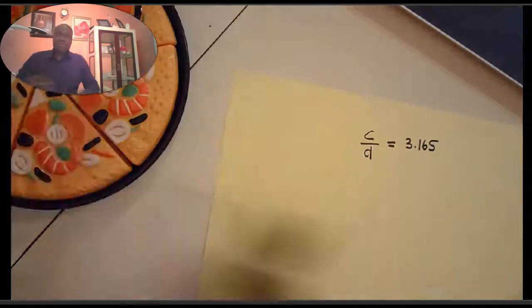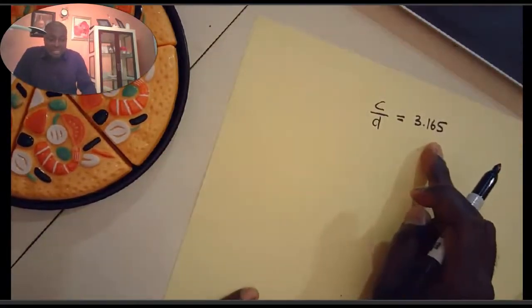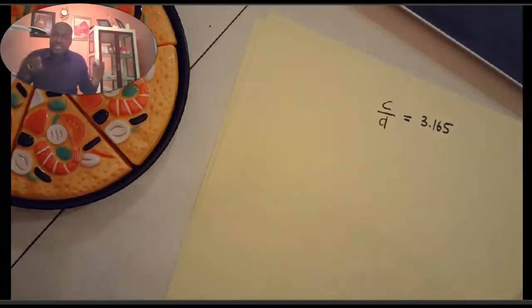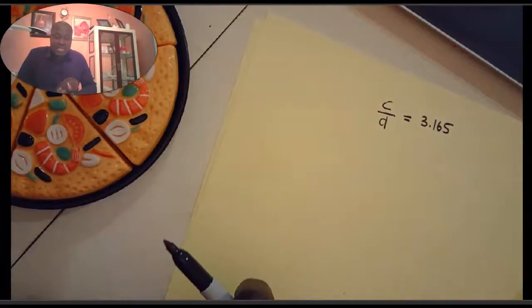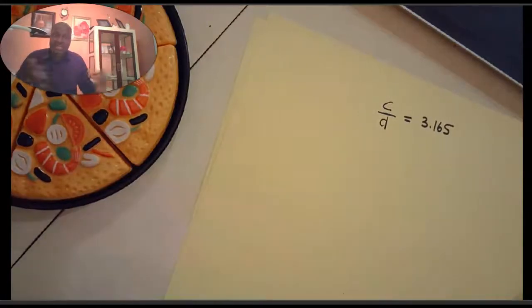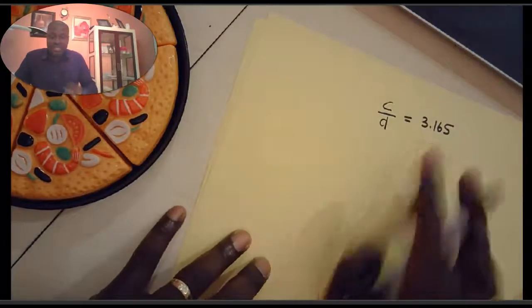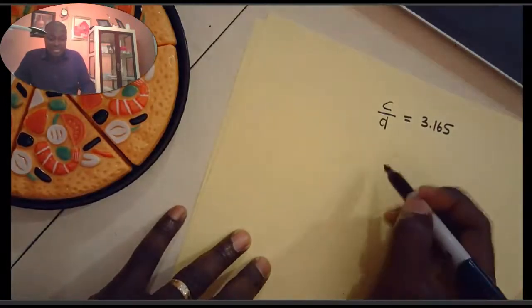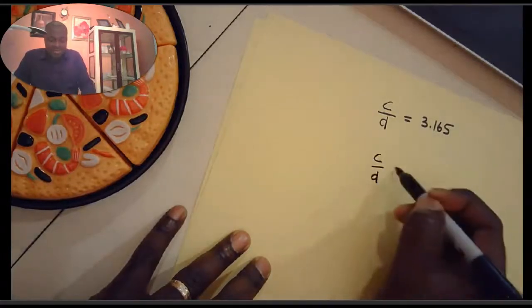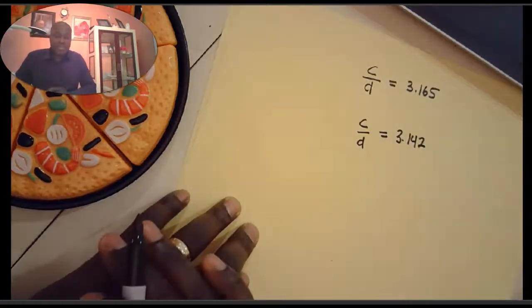And then we are getting a certain number, which is 3.165 here. So I believe you're familiar with this 3 point something here, and this is what the mathematicians did with a whole lot of circular objects, and they were getting a certain number, which is 3 point something. They did it with over thousands of different circular objects, and they are getting that number. And this number is closer to the 3.142 that we have been using.